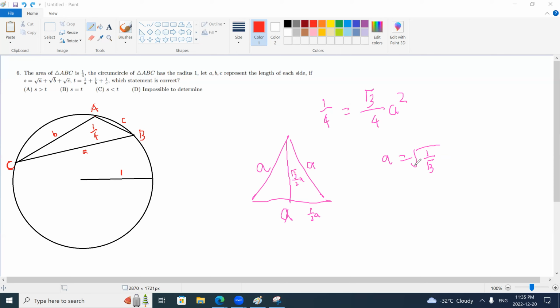That's way too small. That's not big enough for a circumcenter. For a circumcenter, this is not gonna do it.